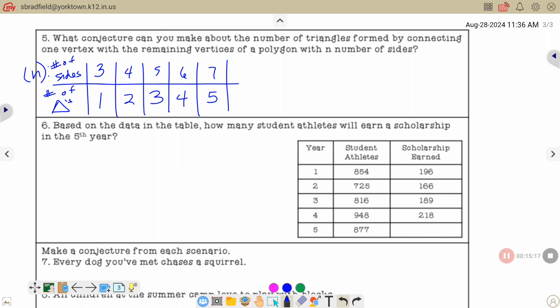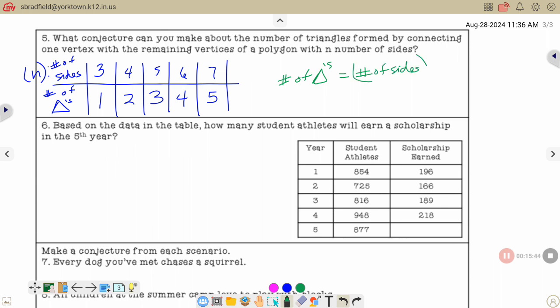Okay, so let's start with the number of sides. If I'm given a certain number of sides, let's say I have something with 20 sides, how many triangles would there be? 18. How did you get that? You subtracted 2. So what we can see from the pattern is that the number of triangles equals the number of sides, right?